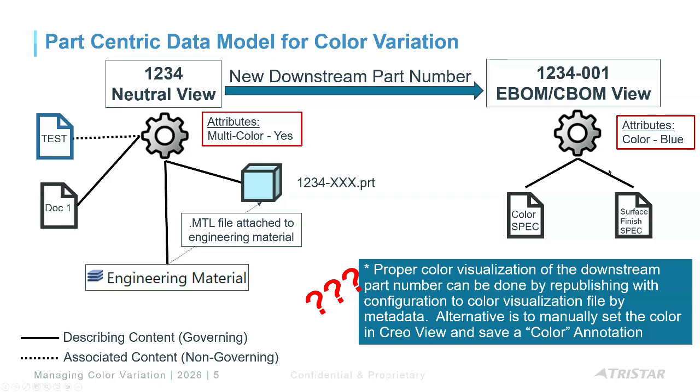And a lot of times, to control the visual, like the graphics in Creo View, when the color is changed with an attribute value, Windchill can be customized to display or publish that new visualization. So it doesn't happen by default. We have to do a little bit of tricks on the back end, but based on things like RGB values or whatever color material property you're using, that could be published into the new file.